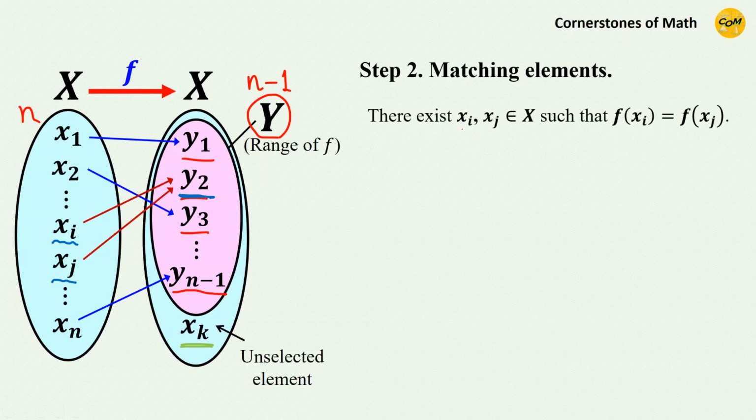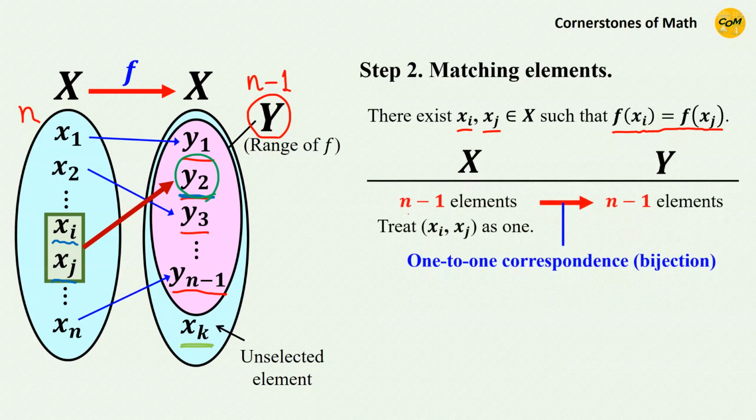In other words, there exist two distinct elements of X, xi and xj, such that f of xi equals f of xj. Once such xi and xj are determined, then we can think of this process like this. If we consider xi and xj as a single variable that just corresponds to one element of Y, the problem reduces to matching n-1 elements of X with n-1 elements of Y in a way that the relation is a one-to-one correspondence, also known as a bijection.